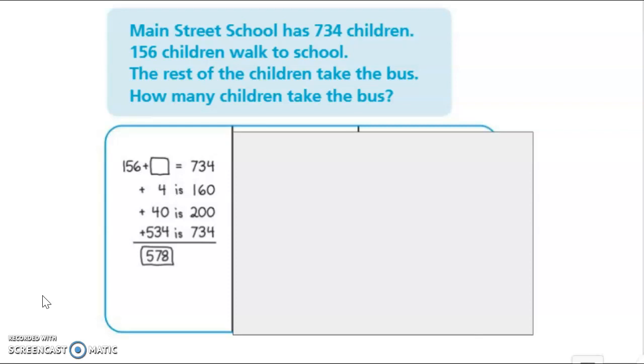Excuse me, 160, now we're over here, plus 40 is, well, 160, 170, 180, 190, 200. I just added 40. 200 plus 534. So they started at 200 and added 534. That's a big jump.